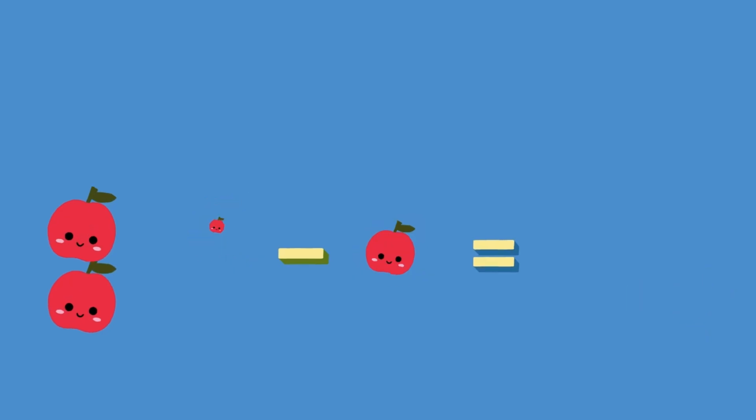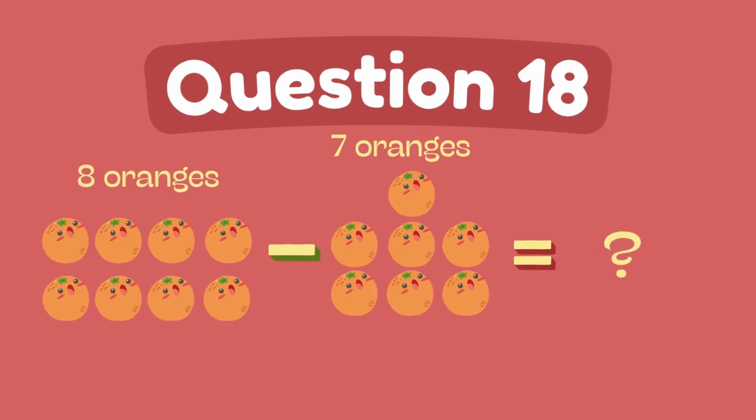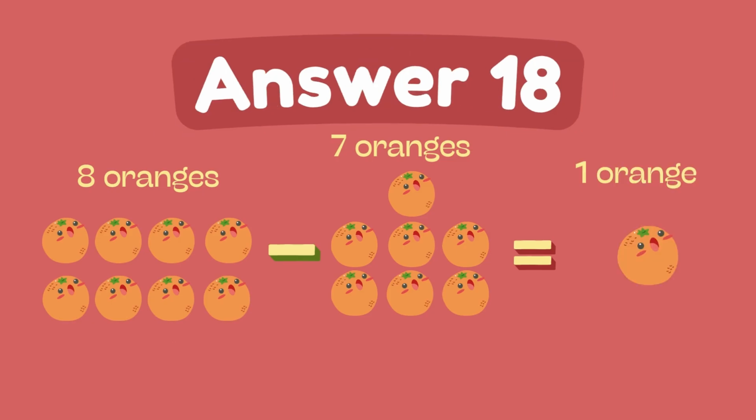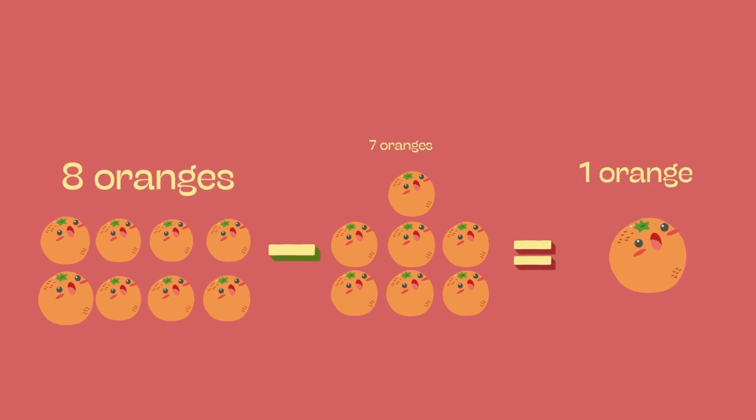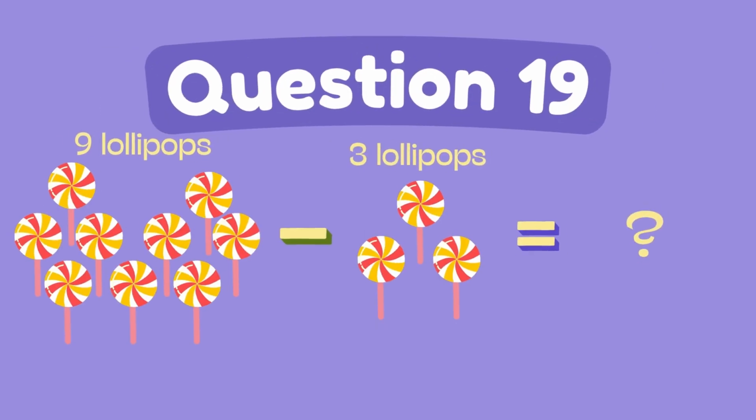What is 8 minus 7? The answer is 1. What is 9 minus 3?